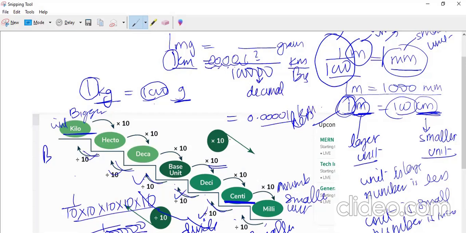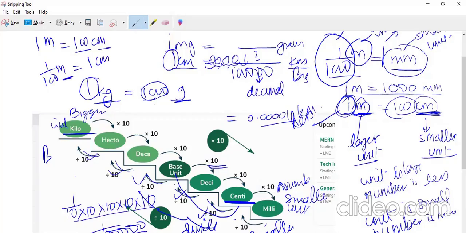The other way, if you are worried about going in steps, is to first convert centimeter to meter to kilometer. 1 meter is equal to 100 centimeters. So centimeter is the smaller unit, and 1/100 meter is equal to 1 centimeter.